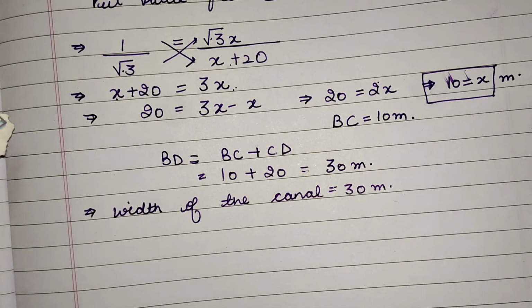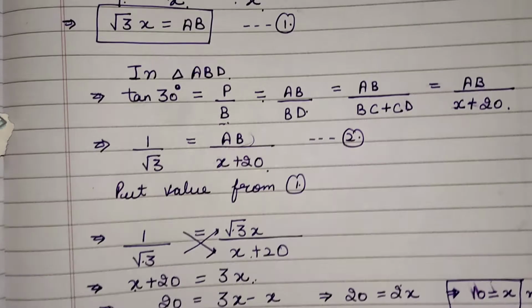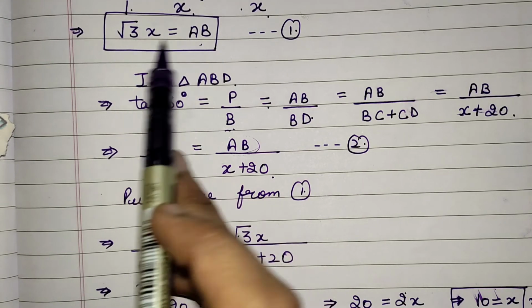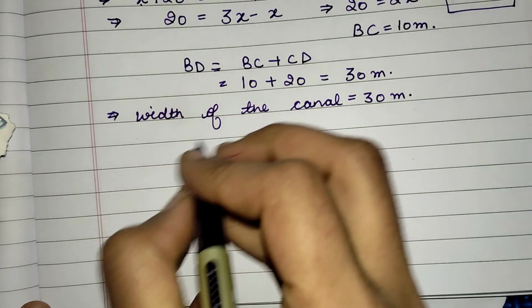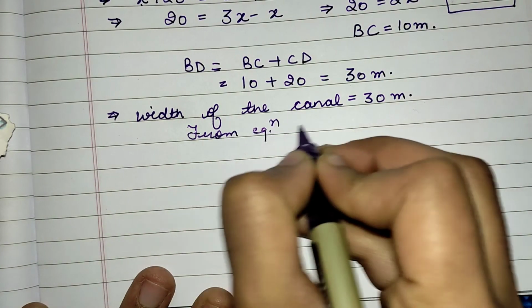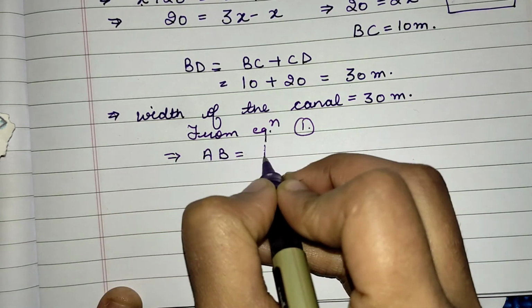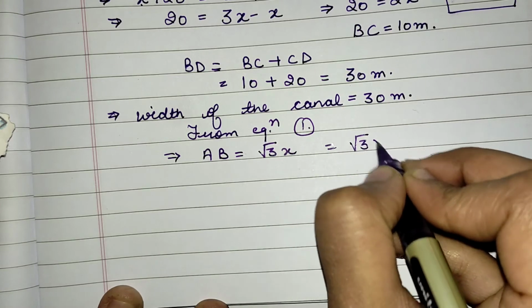Similarly, if we put this value in equation number 1, we can find our second required value, the height of the tower. From equation number 1, AB is equal to root 3 of x, which is equal to, x is what?